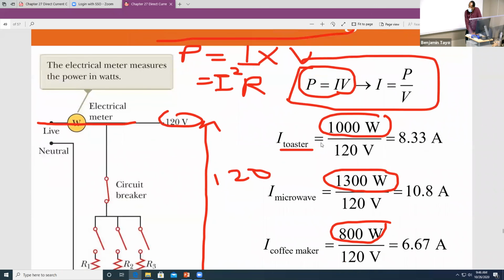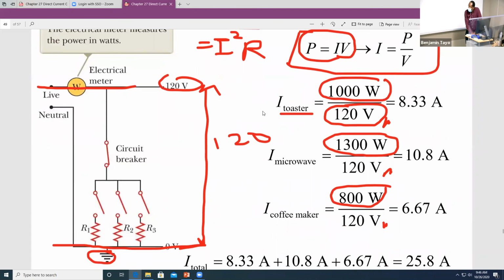Notice that the voltage is the same all across. So it's 120 here, 120 here, 120 here. So in this circuit, the toaster is going to draw 8.33 amps of current. The microwave is going to draw 10.8 amps of current. And the coffee maker is going to draw 6.67 amps of current.